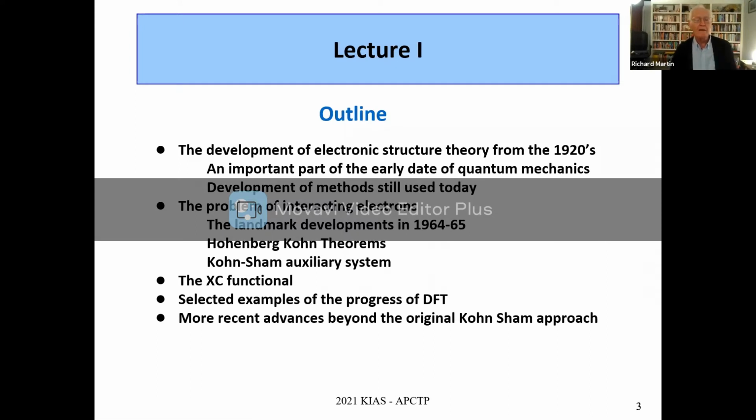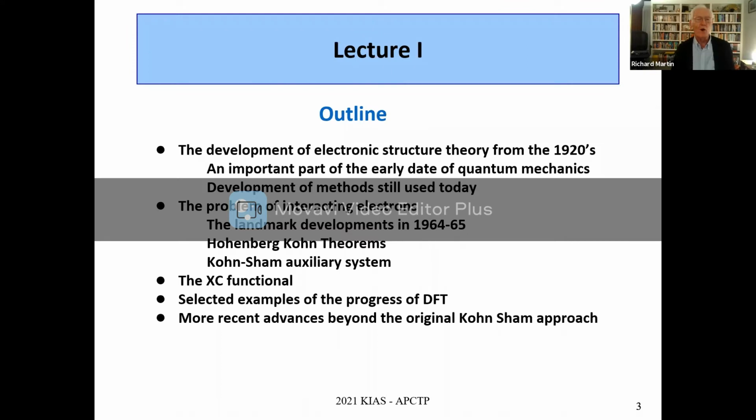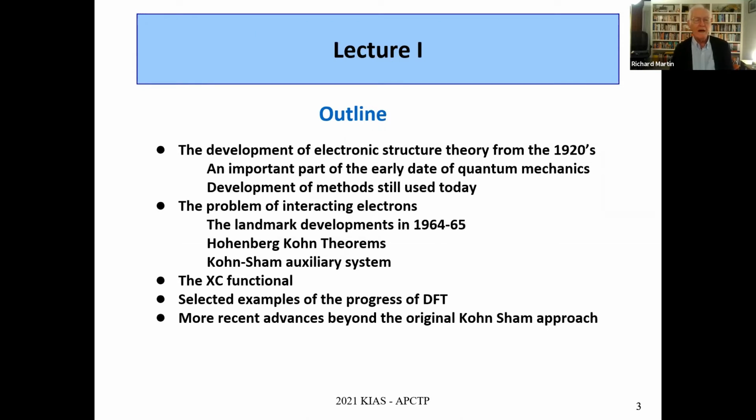So the outline of the talk is that I would like to start with the development of electronic structure theory from the 1920s and point out how much was done in the early days that we still use today. And the problem of interacting electrons then had the hallmark of the density functional theory in the 1960s, when that was a major turning point in what we could do.